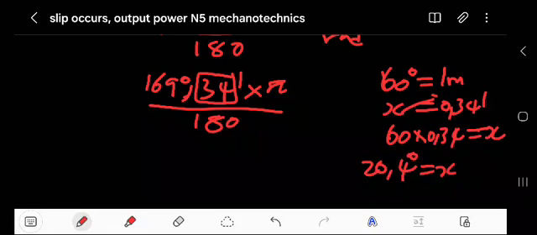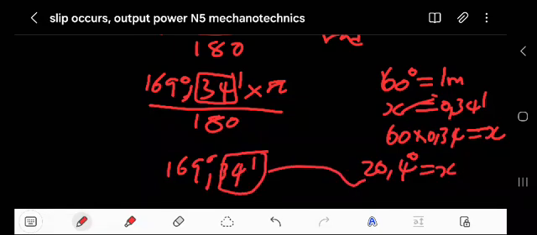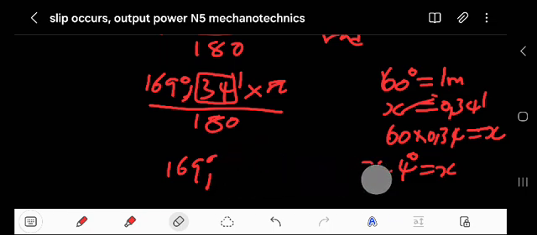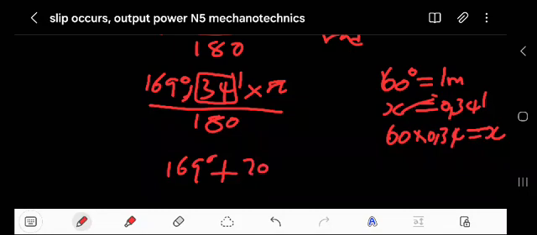This is in degrees, but remember it was 169.34. We substitute this with that, so we have to add, because now it's in degrees, or 169 comma 20.4.